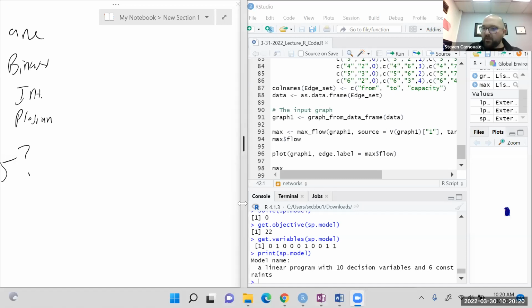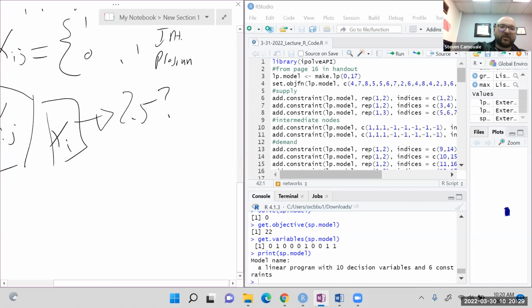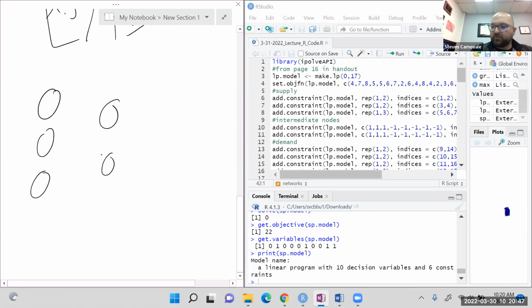Okay, so for the first problem, as I mentioned, we're going to be focusing on another example of a transshipment problem. And this is going to be the same scenario that we covered in the previous class, on page 16 of the handout. So here you're looking at a scenario where you've got 3 supply points, 2 intermediary transshipment points, and 4 outbound points.